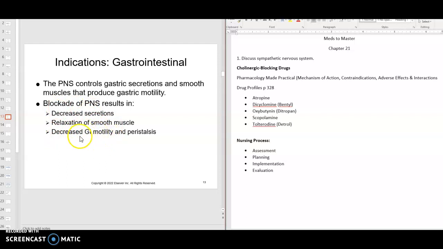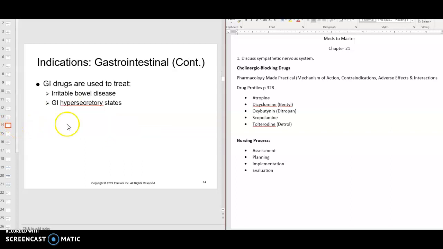So if you think about somebody that's had lots of GI motility, I'm trying to stop that. I can give them an anticholinergic medication, and it will help stop that. It'll block that PNS. So we use it specifically for individuals with irritable bowel disease and then hypersecretory states, meaning their GI system is on overdrive.